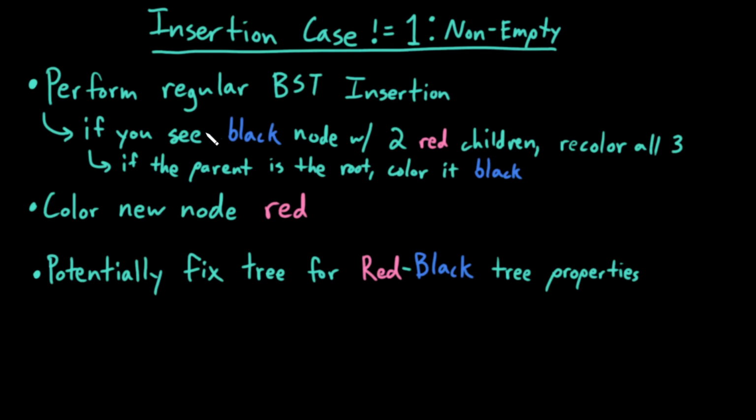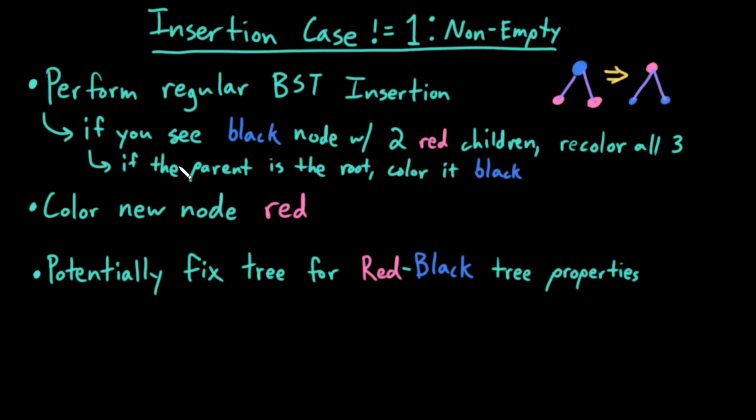As you're doing your tree traversal down the tree, if you ever see a black node that has two red children, recolor all three of them. So in other words, you would recolor them such that the parent is red and the children are black.